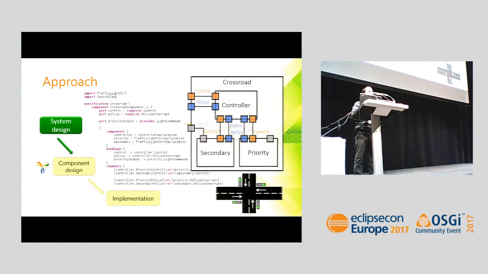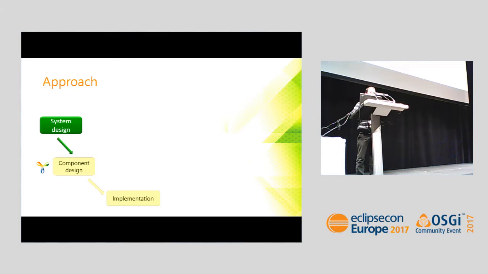If you want to depict it graphically, it looks like this. We have a main controller and the priority and the secondary traffic light controller, put together. And you can use it for code generation: from this composite system, you can generate your code and run it on your system.